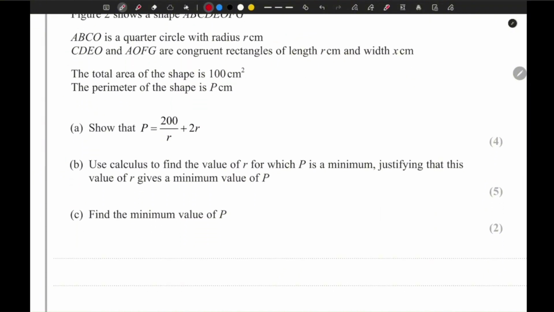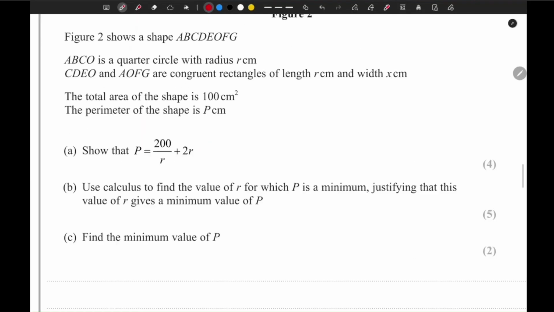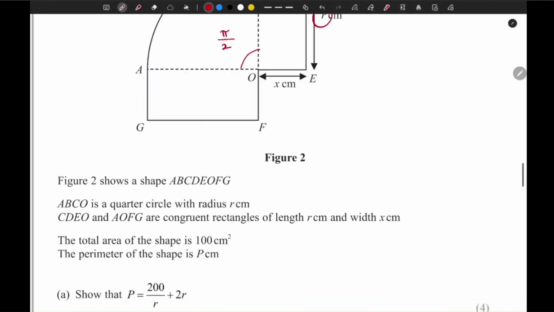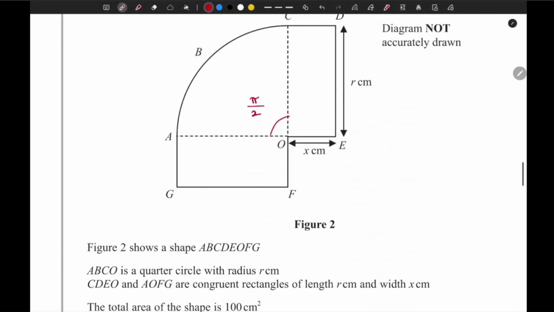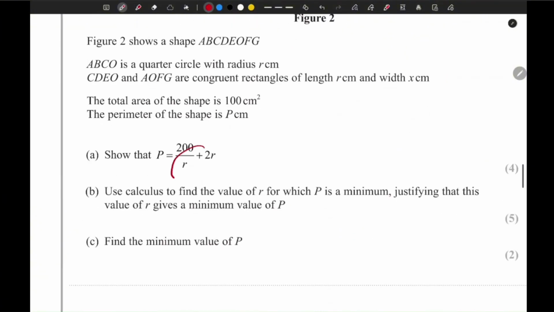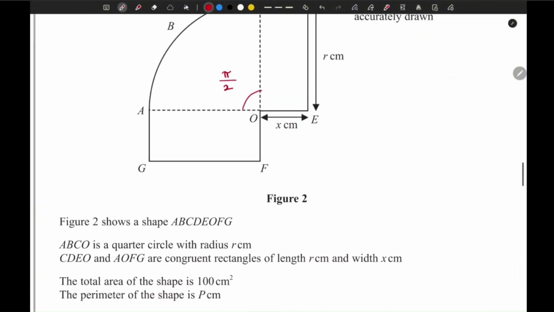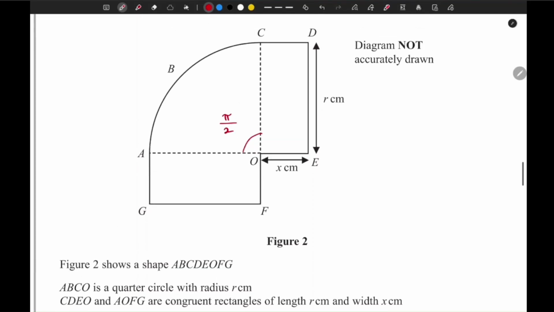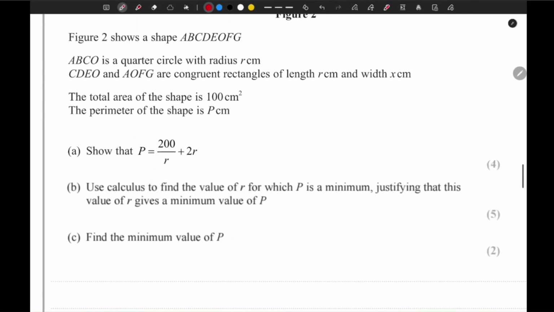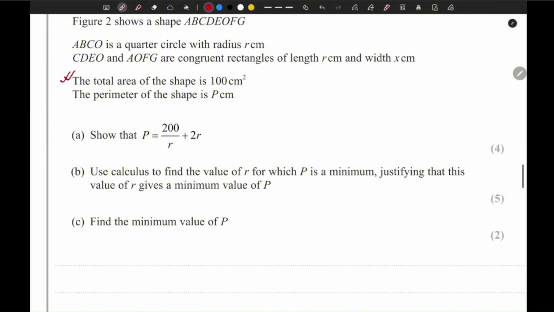Now the problem with this equation is that there is no r in this equation. There is no x in this equation. So the first thing we need to do is write down an equation for x in terms of r. In order to do that, we need to use this information.